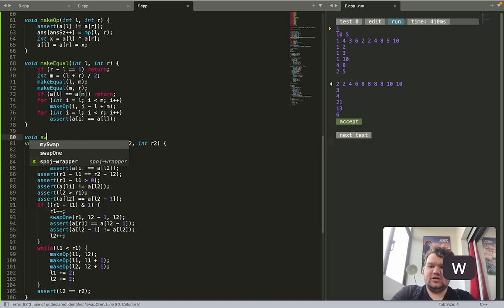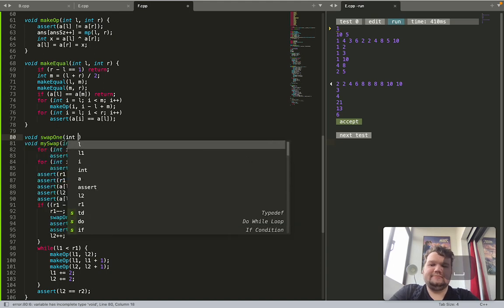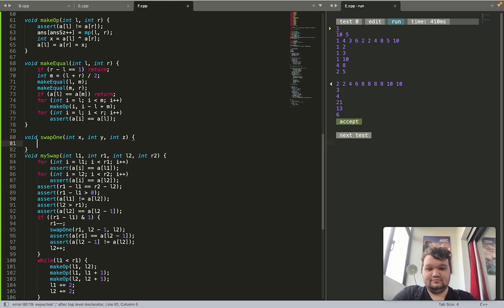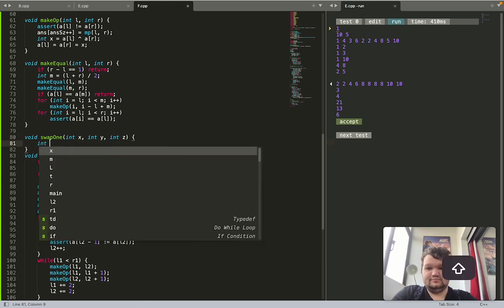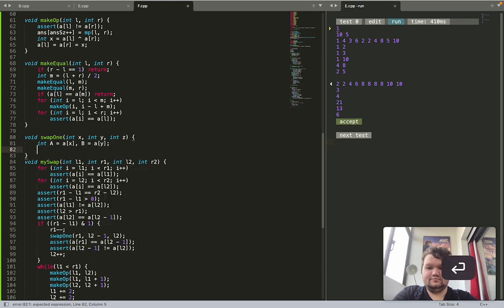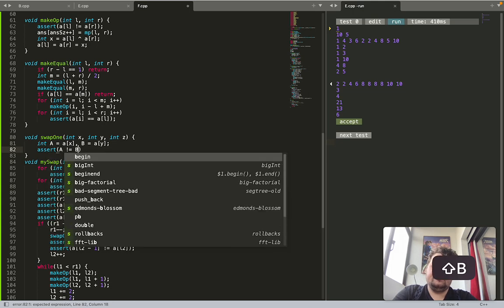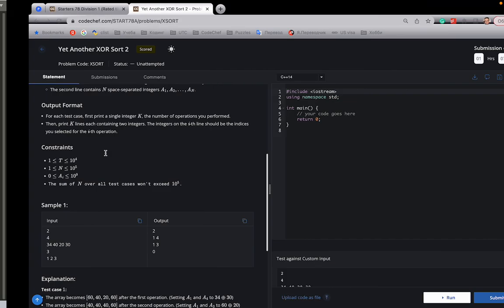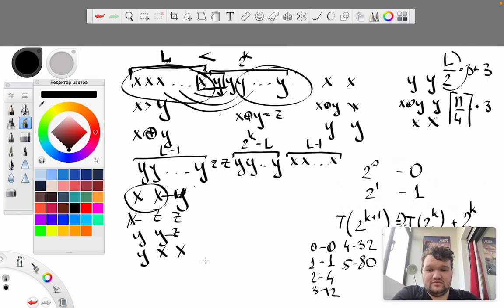Let's swap 1. So here our plan was like this, but it's inversed, unfortunately.